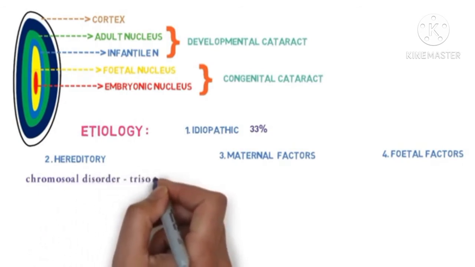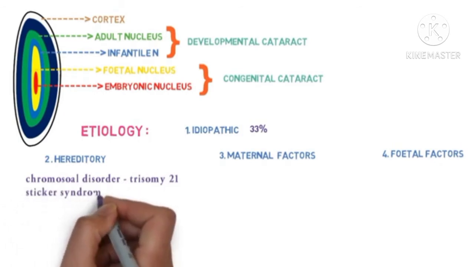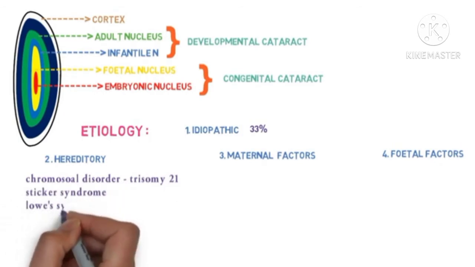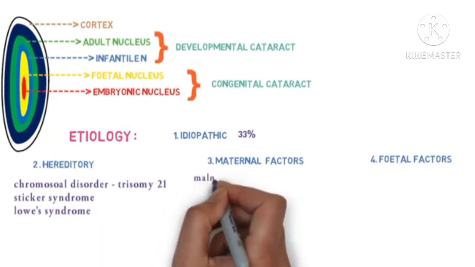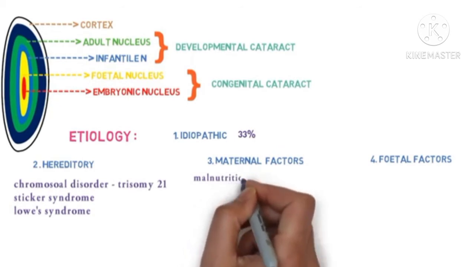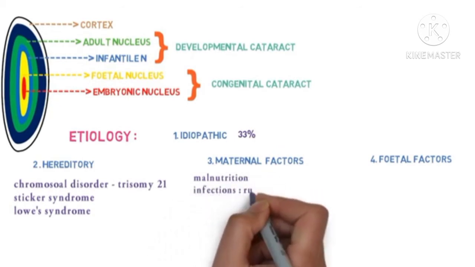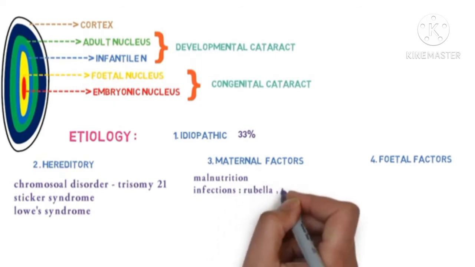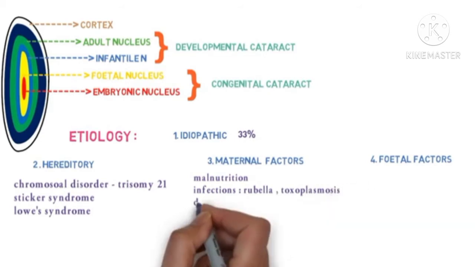It can occur due to Stickler syndrome or Lewis syndrome. And in maternal factors, there can be malnutrition during pregnancy or infection during pregnancy. Infections like rubella are generally associated with congenital cataract, or it can be due to toxoplasmosis.